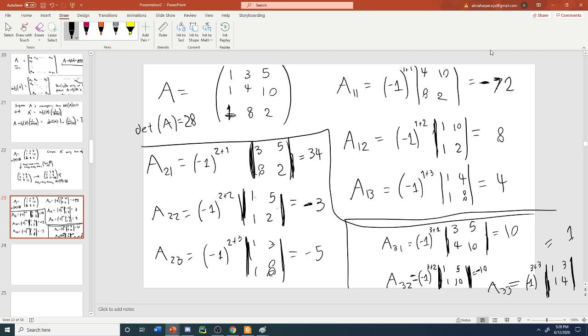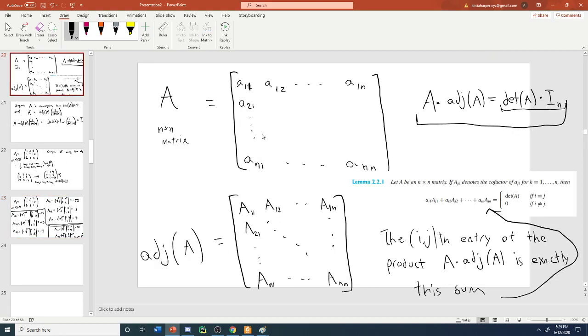And now that I have all of the cofactors and the determinant, it's just a matter of arranging them into the formula. So I will do that in 1 second. So let's go back to the formula. Oh, crap. I just have to fix one thing here.